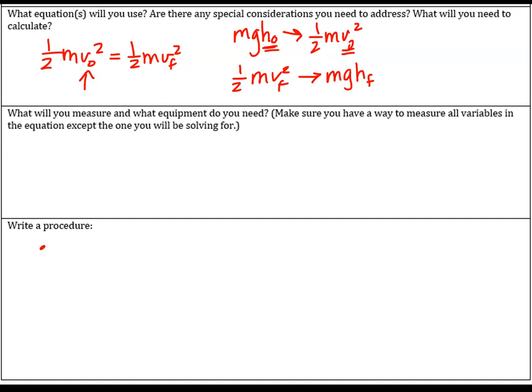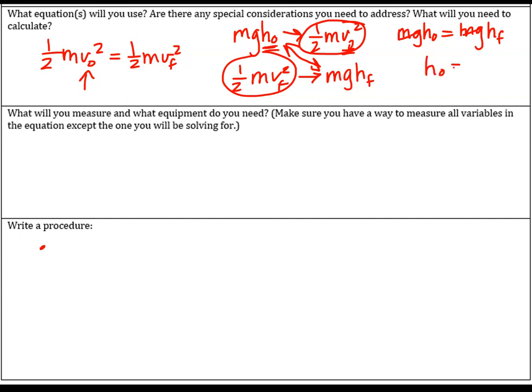So rather than worry about doing my velocities, these are easier to control and easier to measure than my velocities. So the equation I'm going to use is mass times gravity times my initial height is equal to mass times gravity times my final height, which of course these are going to cancel. And honestly, I'm just looking at the heights.